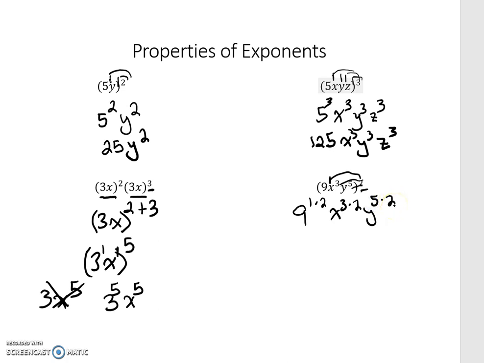Now I'm going to go ahead and multiply those exponents. So I get 9 squared, x to the 6, and y to the 10. So again, if you're being asked to leave your answer as exponents, you would keep it as 9 squared. If you were being asked to fully simplify, you would do the 9 times 9, which is 81 in this case.